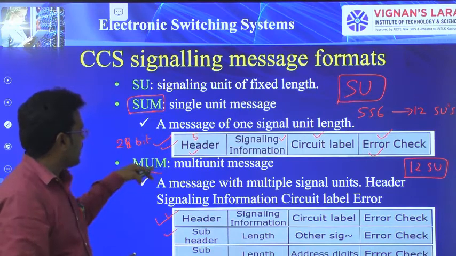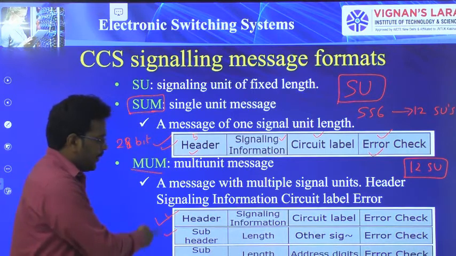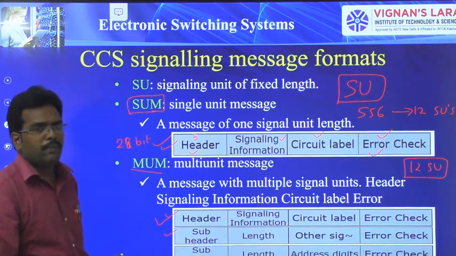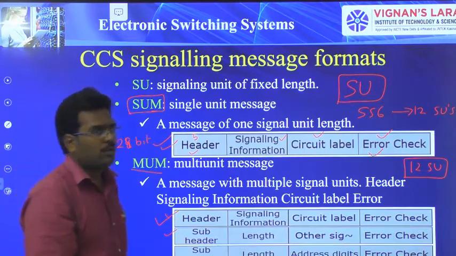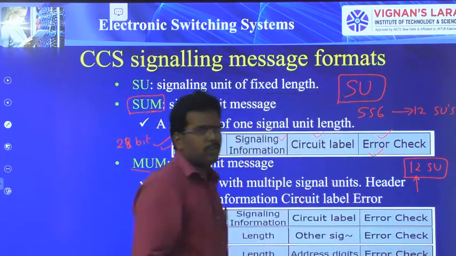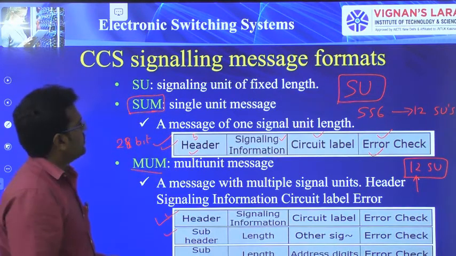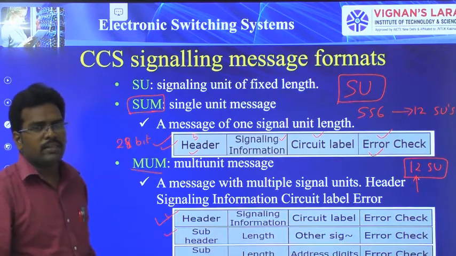Similarly, MUM contains multiple serial units. Here 3 units are there. In case of SS6, it uses totally 12 SUs. Out of these, the 12th one is used for acknowledgement purpose. This is about the signaling system format for SS6.